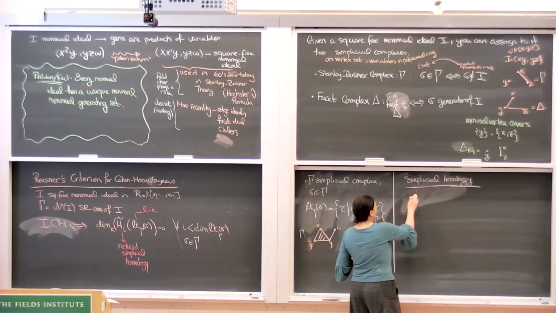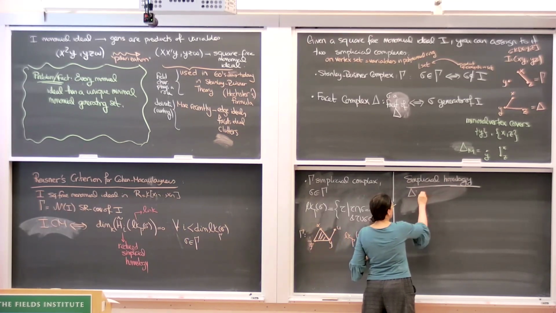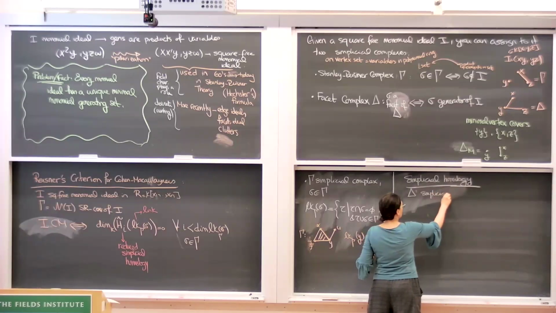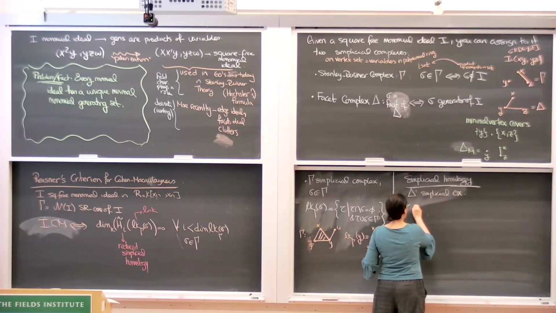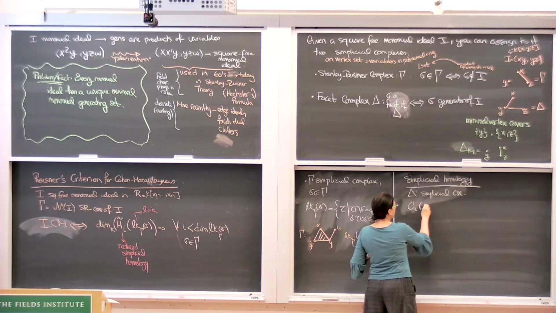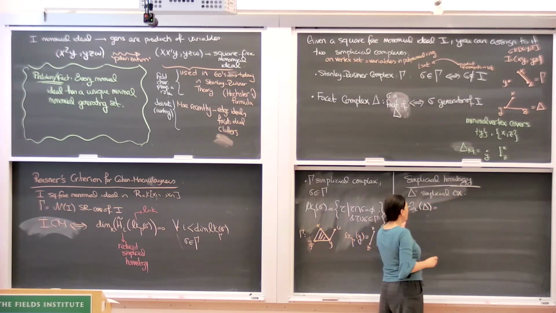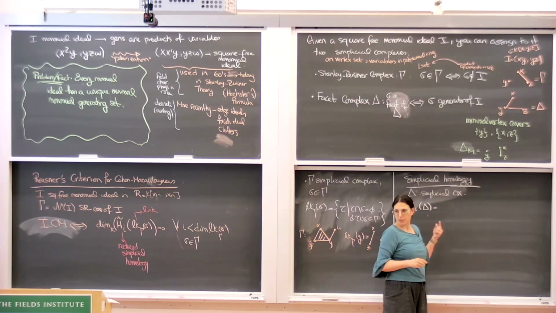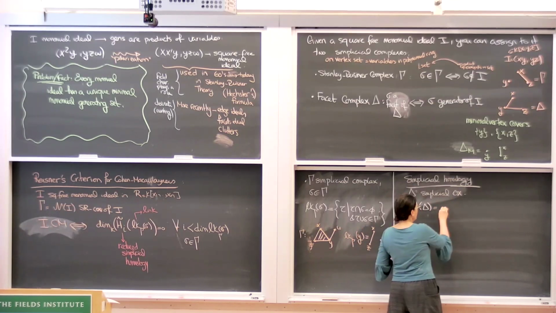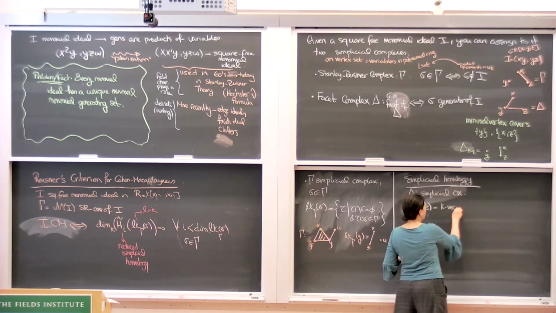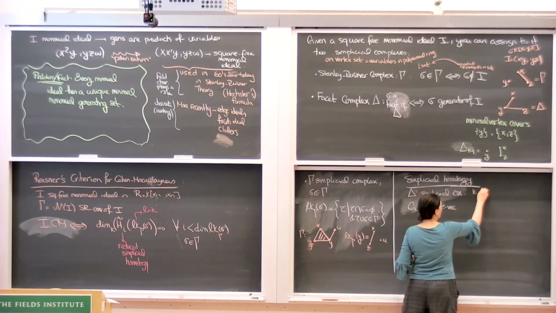So if delta is a simplicial complex, Ci of delta is going to be, I'm going to do a vector space version because we're doing vector spaces here, a K vector space. So let's make K be a field.